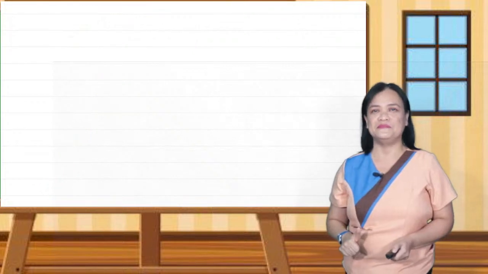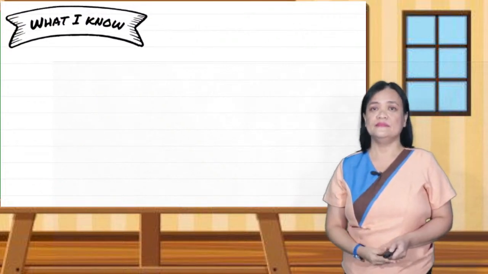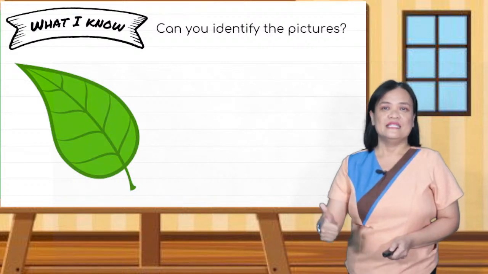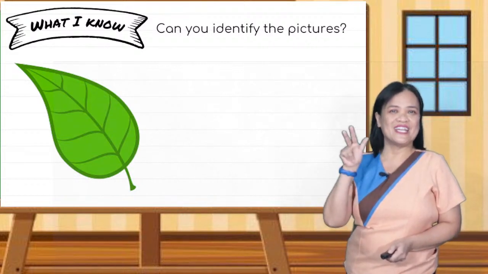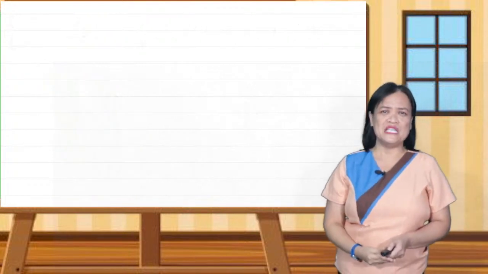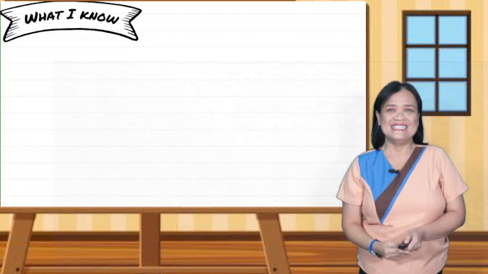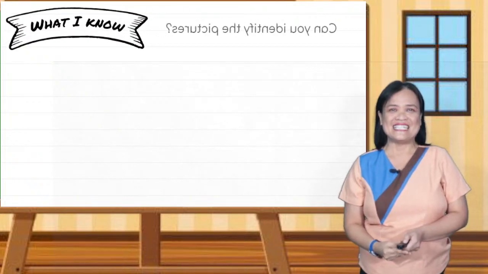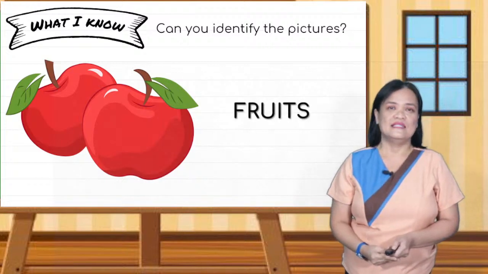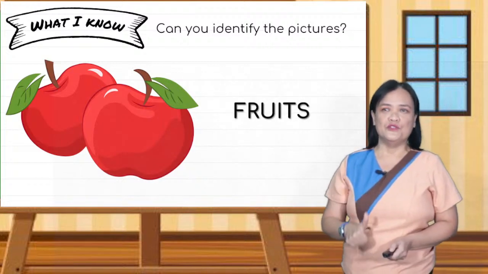Another one. 1, 2, 3. It's a leaf. So easy, kahit 1 lang. Ang ating timer. Can you identify this? Yes. It is a fruit.